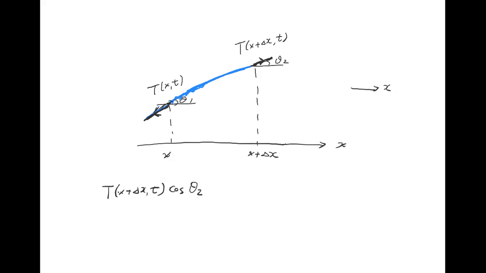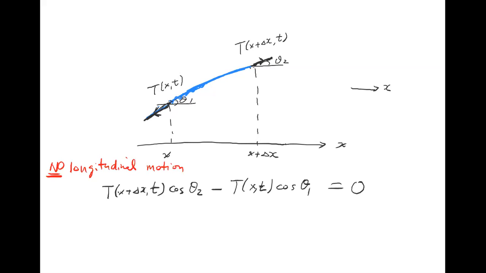The force acting on this blue segment along the x direction will be T(x plus delta x, t) cosine theta 2 minus T(x, t) cosine theta 1, and that has to be 0. The reason is that there is only transverse motion, no longitudinal motion.